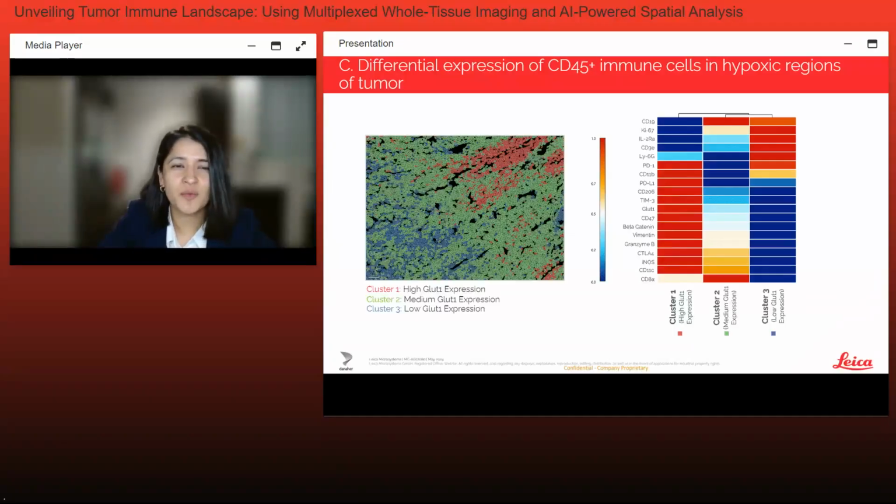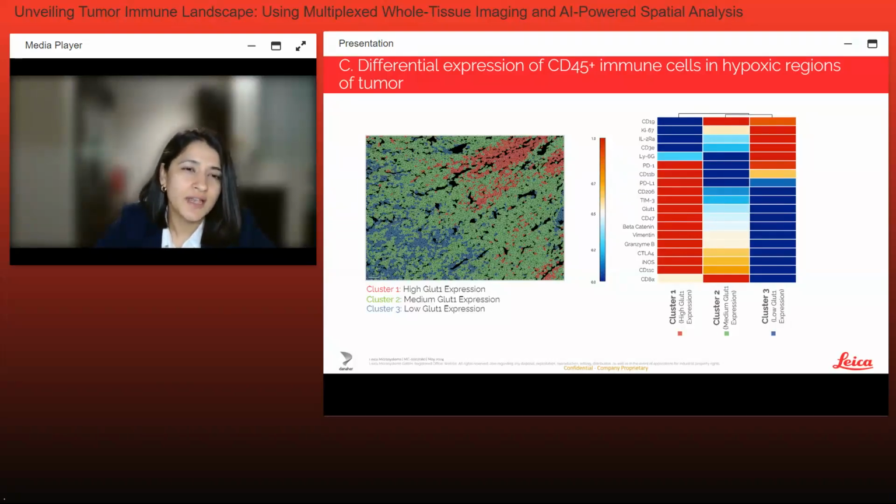And in the colon carcinoma tissue, this clustering by GLUT1 expression levels revealed differential enrichment of all CD45 positive immune cells. Interestingly, what we see is that the GLUT1 high regions, or the GLUT1-rich regions, are enriched in myeloid cell populations, such as CD11b, CD206, CD11c, along with specific immune checkpoint protein expression.